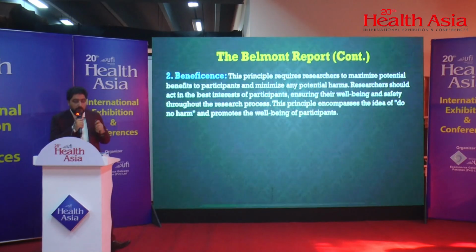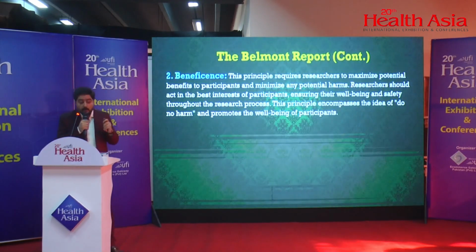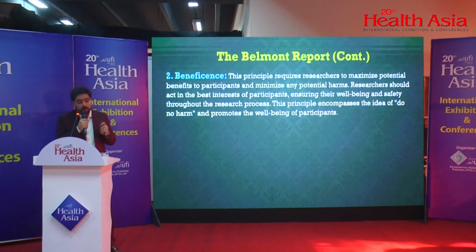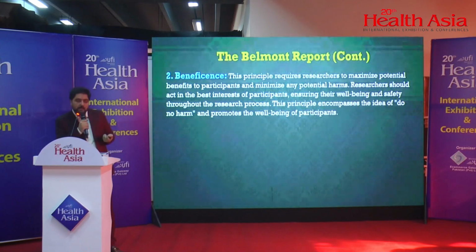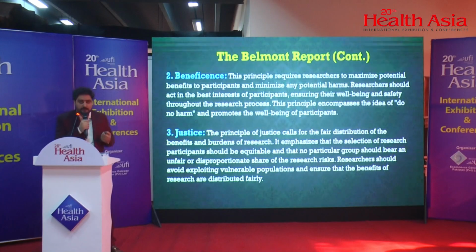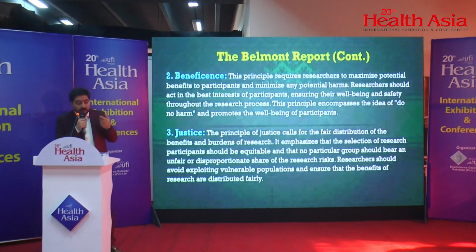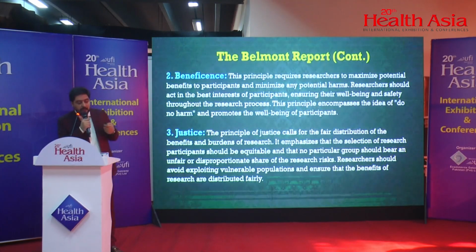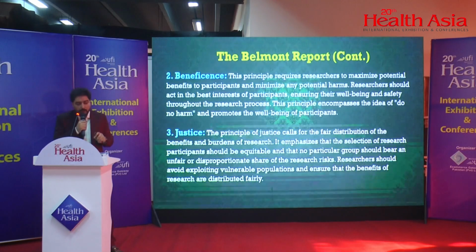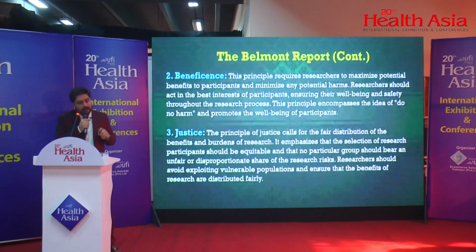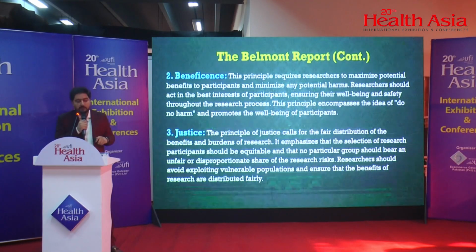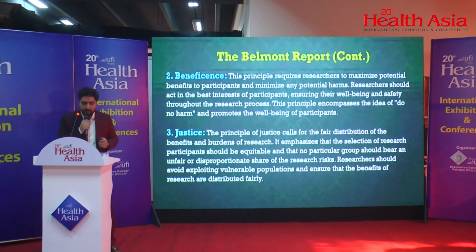Number 2, beneficence. The principle requires researchers to maximize potential benefit to participants and minimize any potential harms. Number 3, justice. It emphasizes that the selection of research participants should be equitable and that no particular group should bear an unfair or disproportionate share of the research risks.